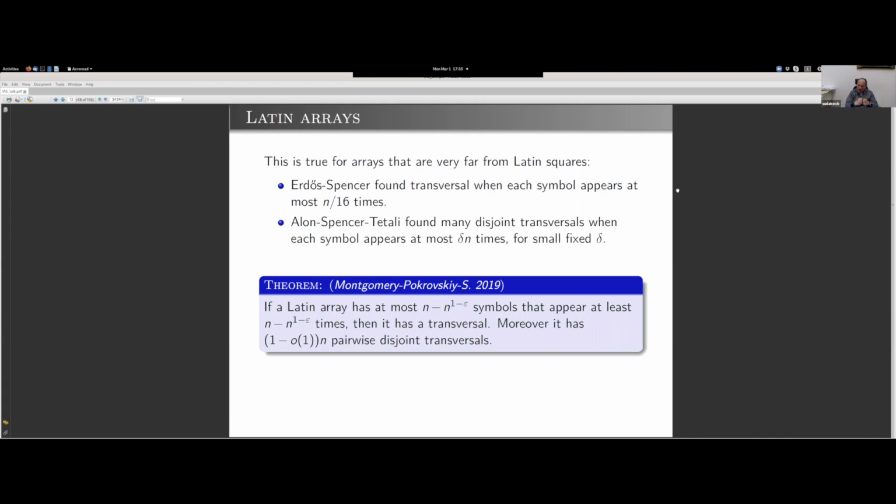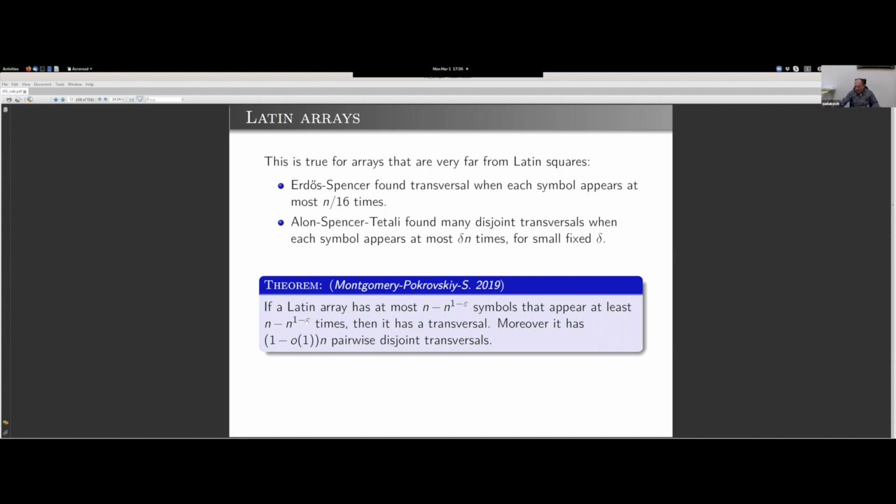So if you look at symbols that appear very close to n times, and their number is slightly smaller than n, so it's enough for me to have n minus n to the power 1 minus epsilon such symbols, already this guarantees that you can have a transversal. And moreover, in this case, you have an almost decomposition into disjoint transversals.